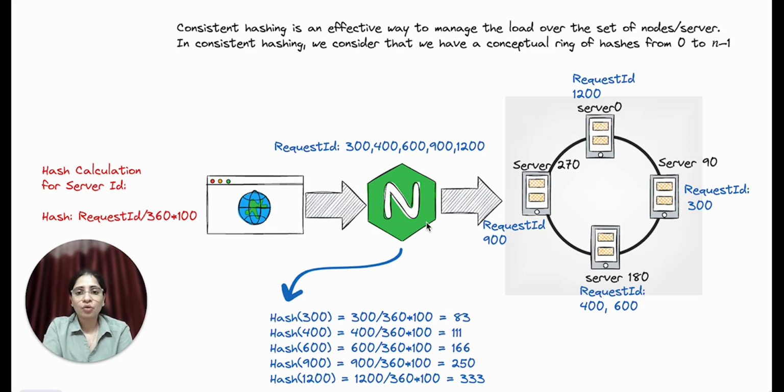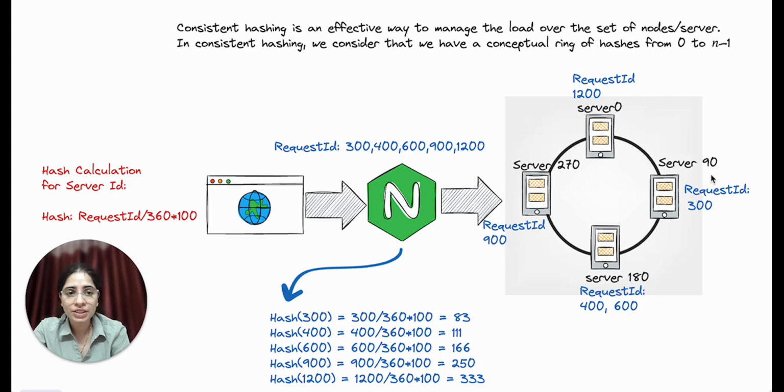Now we are assuming the request IDs are bigger numbers. So we have taken request IDs 300, 400, 600, 900 and 1200. Instead of naming the servers 0, 1, 2, 3, we again have 4 servers, but the server names are a little bit different.